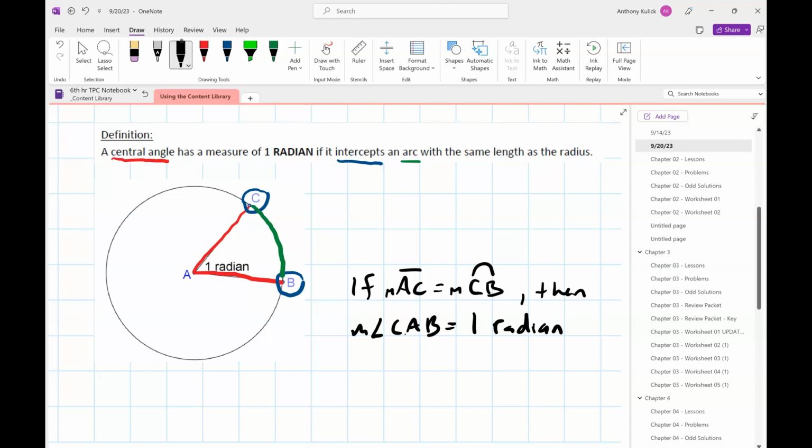Does everybody kind of see the picture now? So that's what the words mean. It's saying, okay, if this thing and this thing are the same length, then that angle measure is 1 radian.